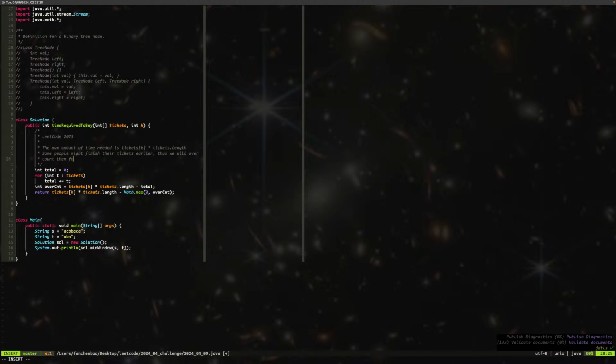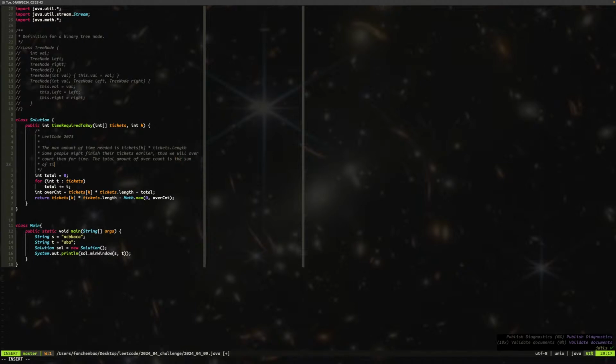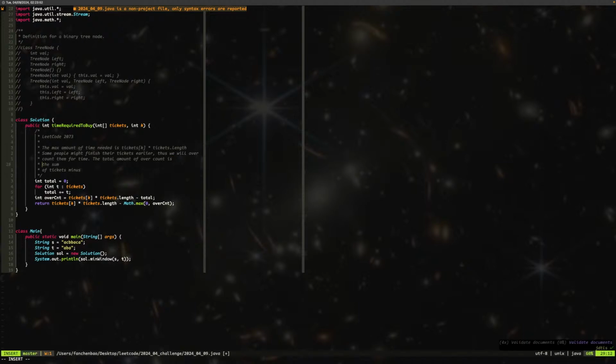The total amount of overcount is the sum of tickets minus tickets k times tickets minus the sum of all the tickets.